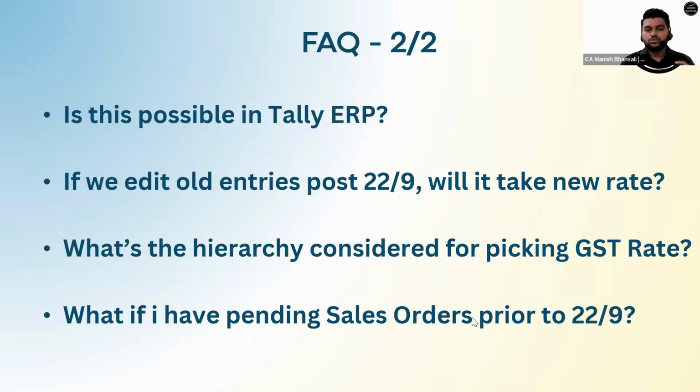The question was, do I have to re-enter all the sales orders after 22nd of September because I want to give effect to the new rates? The answer is no. Whatever orders you have prior to 22nd of September, you can keep them as they are. They'll continue with the old rates. And whenever you move them to a sales invoice, they'll automatically pick the new rates. So this is about it.